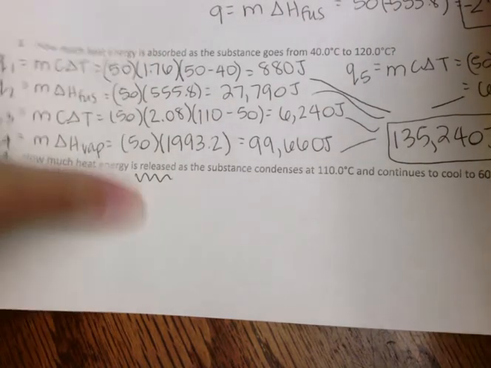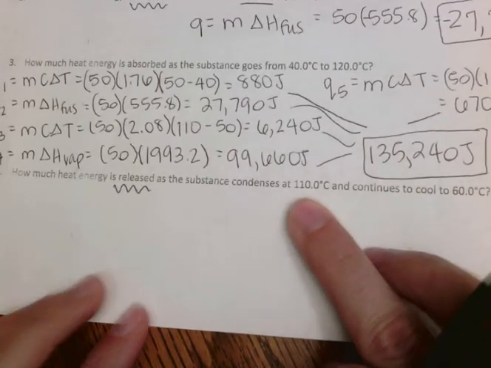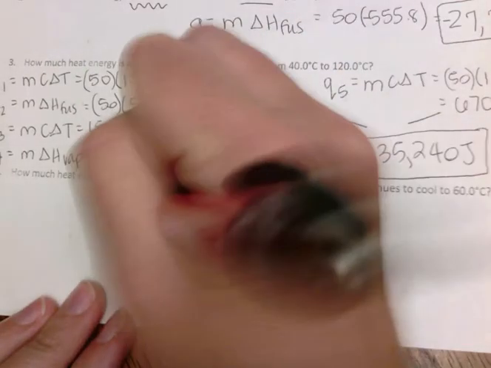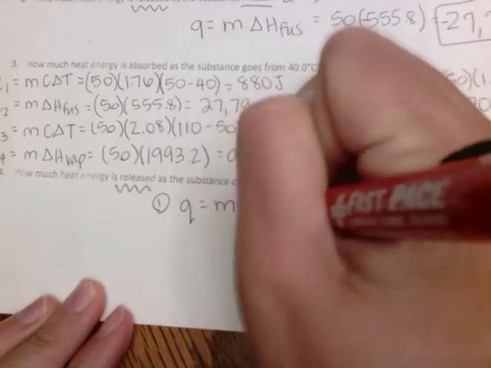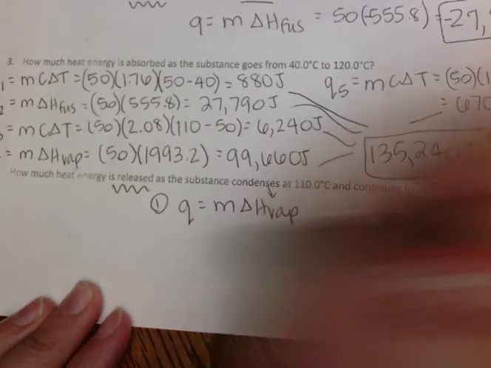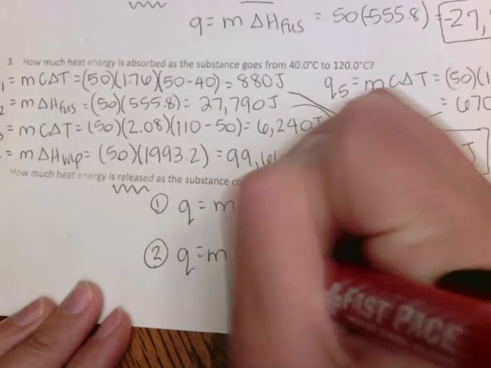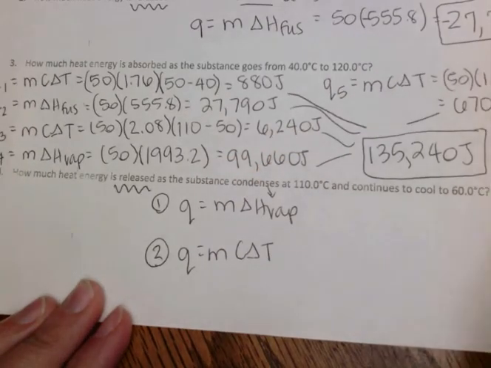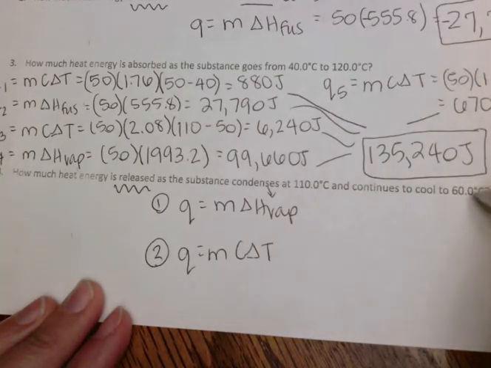So if it continues to cool to 60 and we're at 110, we're going to take two steps. Step 1, Q equals mass times delta H of vaporization. That's the condensing part. And then in step 2, we'll use Q equals MCΔT to finish cooling it off from 110 down to 60.